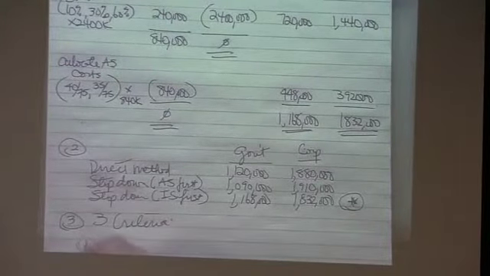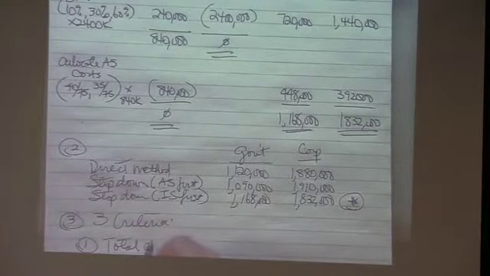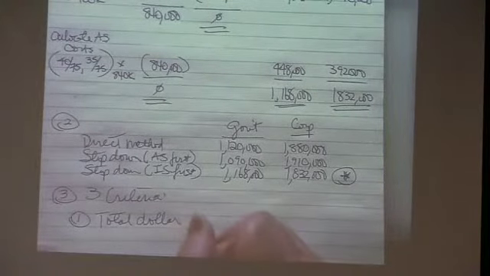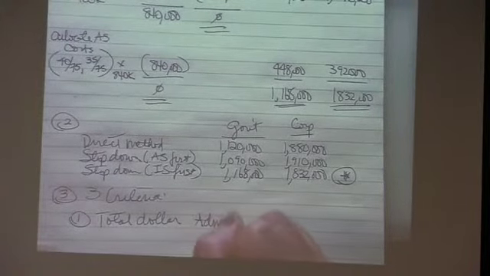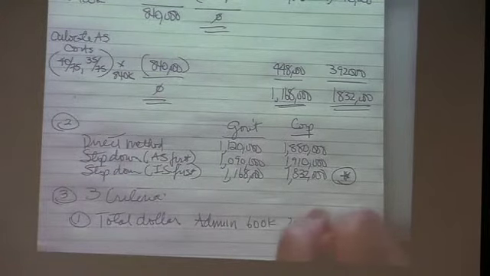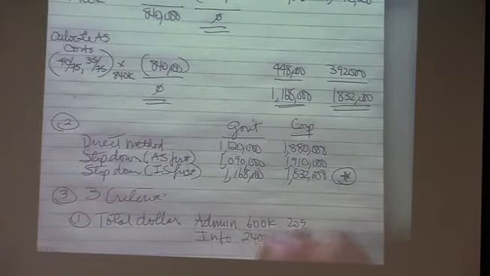The first one, we saw the total dollar, which is what I just did, right? We know that the admin is 600,000, and that's 20%, 80%. IS info is 2.4. So that's one way of analyzing.